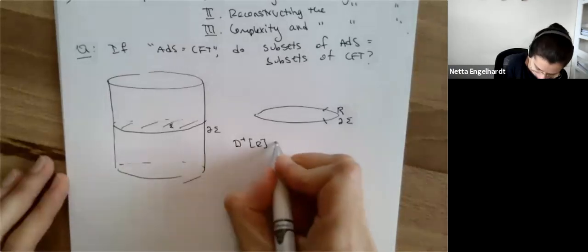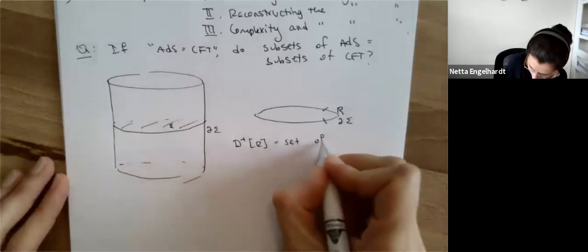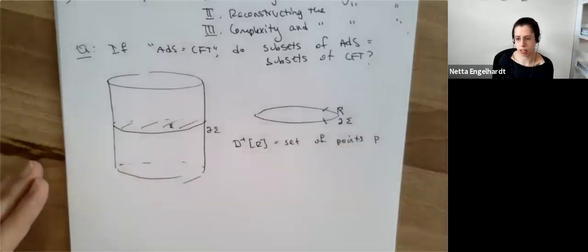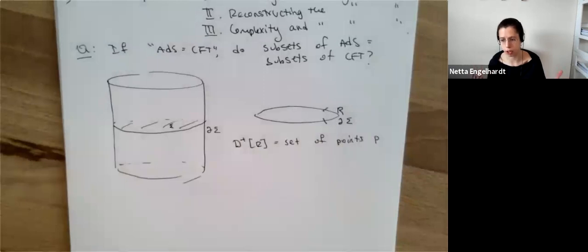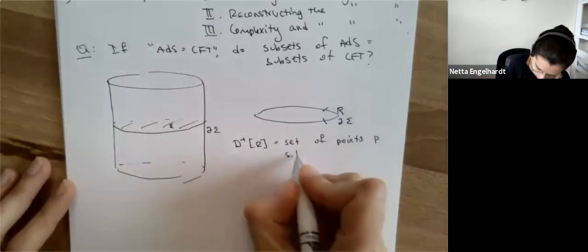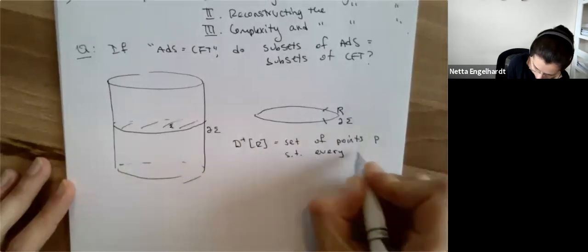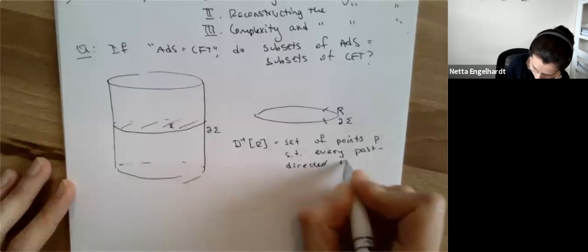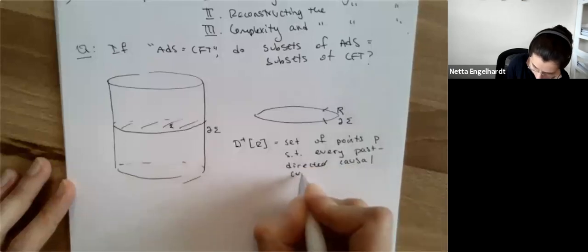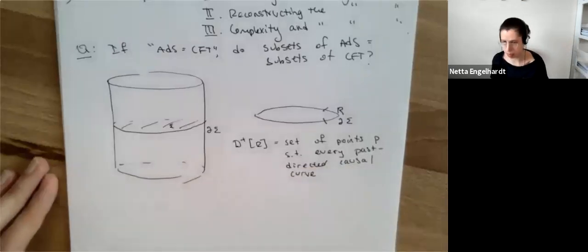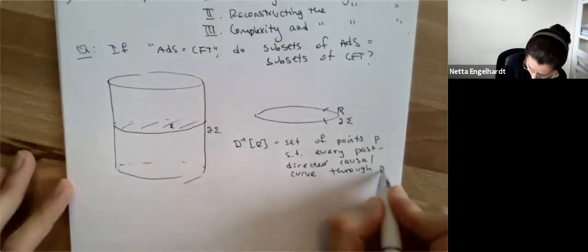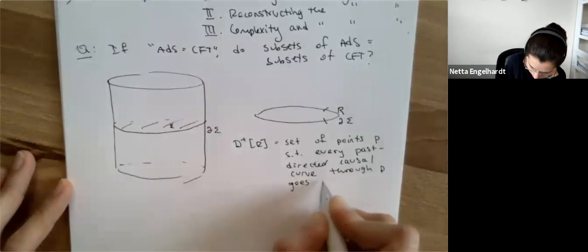This is the set of points P, in this case, that live on the asymptotic boundary, or for defining this for a general spacetime, points that live in the spacetime, such that every past-directed causal curve, meaning time-like or null, or piecewise time-like and piecewise null, through P goes through R.